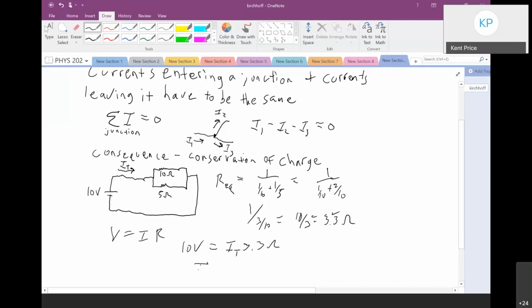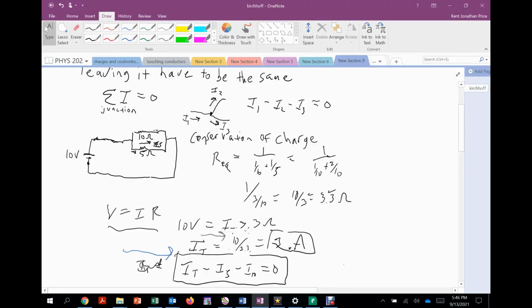I total is 10 divided by 3.3, and I guess that's 3 amps. So what we have is that the total current of 3 amps minus I5 minus I10 is equal to 0.